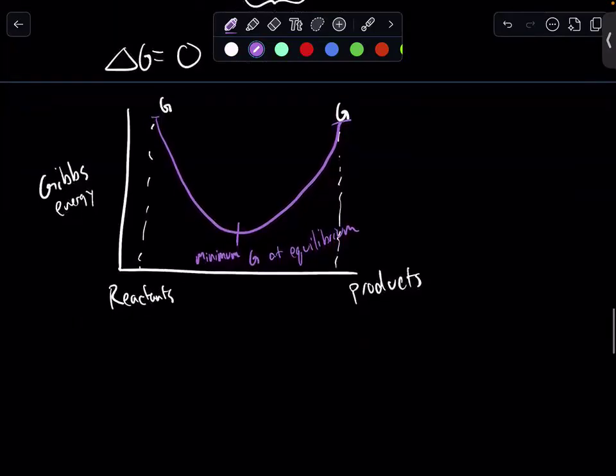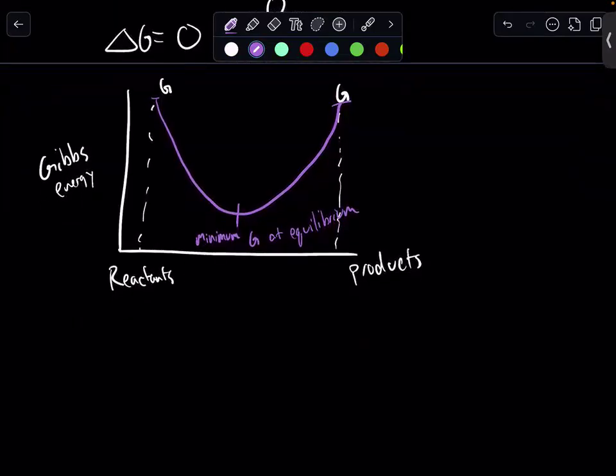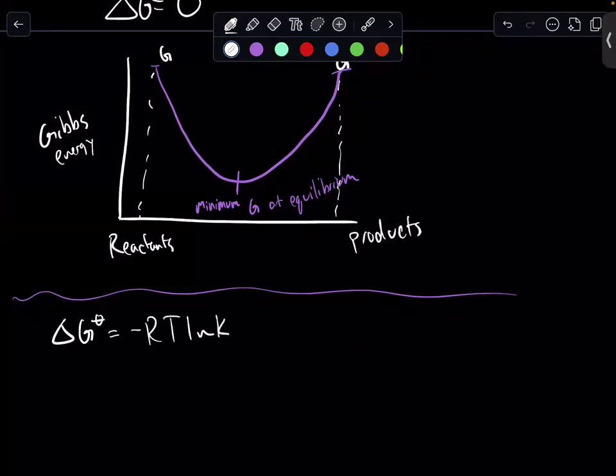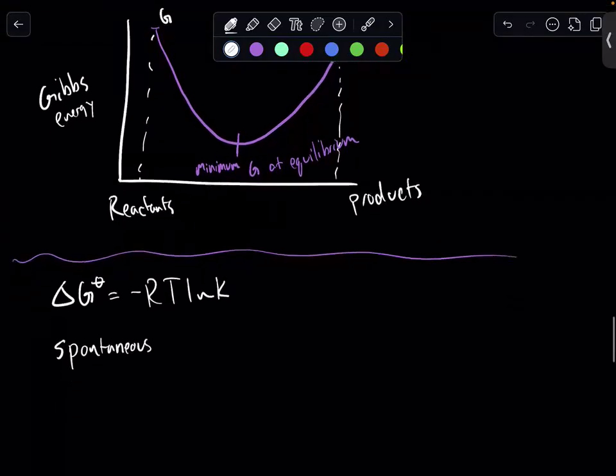All right. The last thing we're going to talk about is the relationship between our delta G and the equilibrium constant. So if we look at our equation, delta G standard equals negative RT ln K. What we notice is that reactions that are spontaneous have a delta G less than 0.